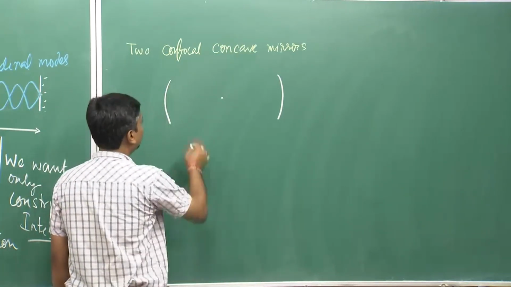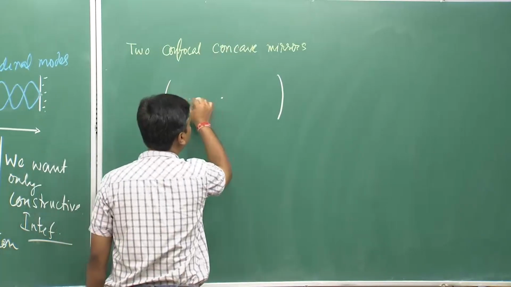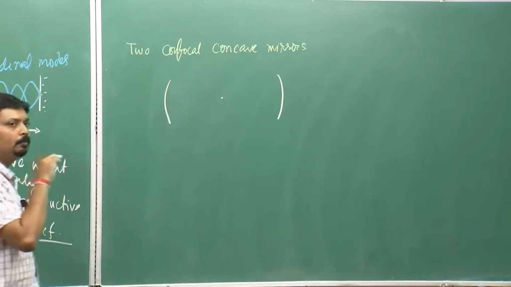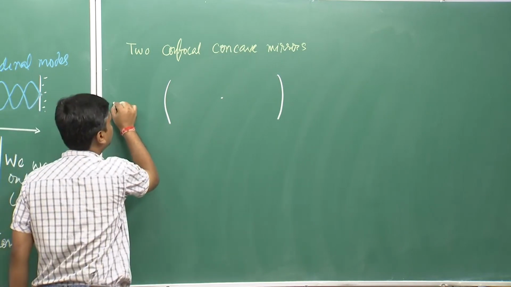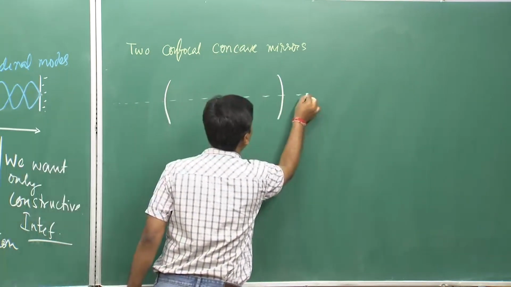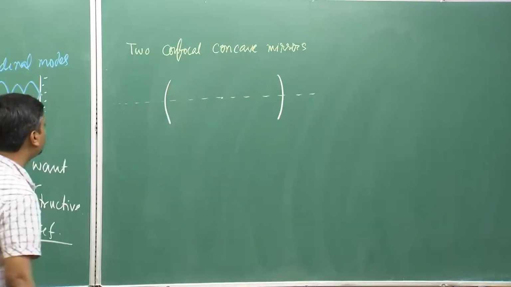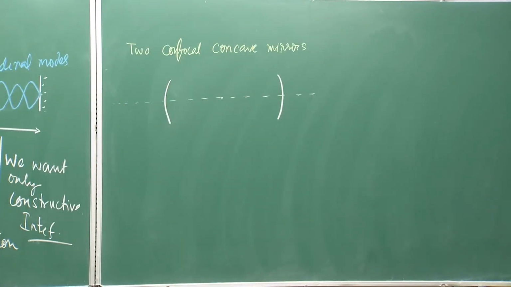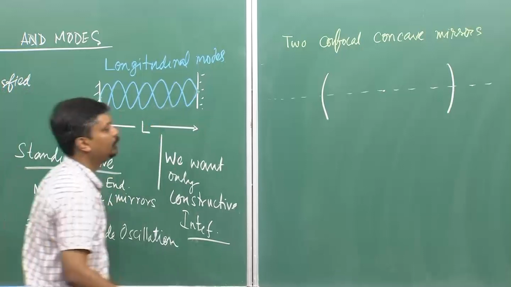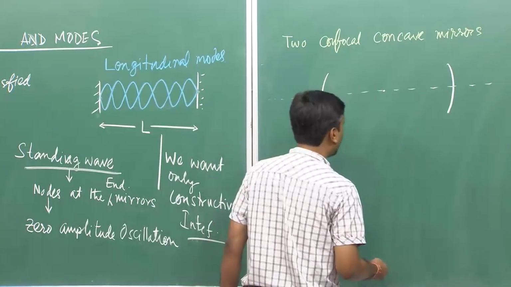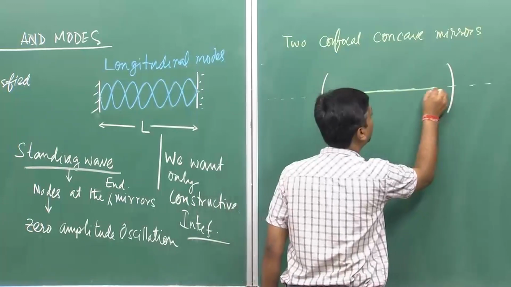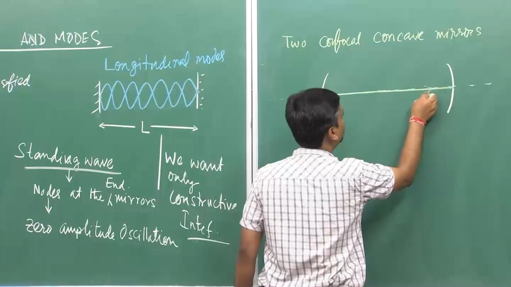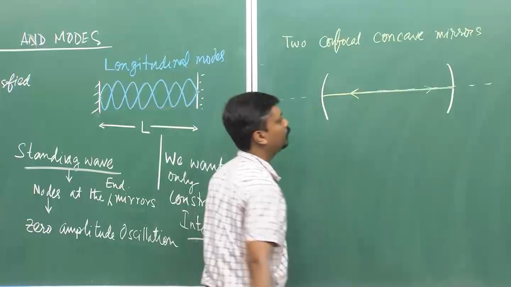Now, if we consider the lights which are moving axially, axis still remain this, right? This is my axis. So, exactly like in this case, my photon will go back and forth.